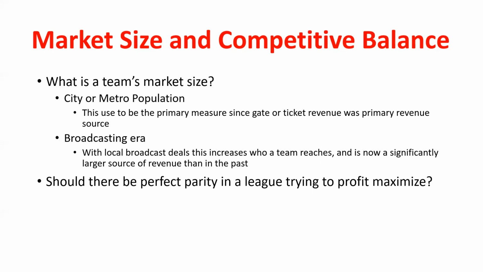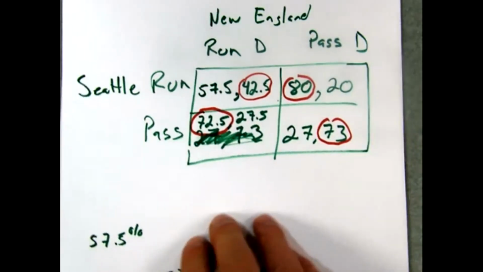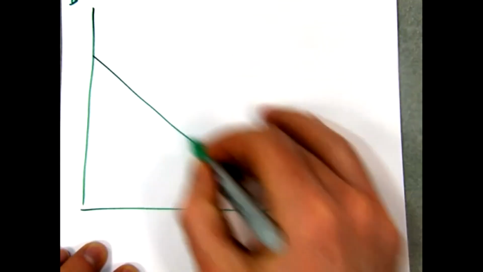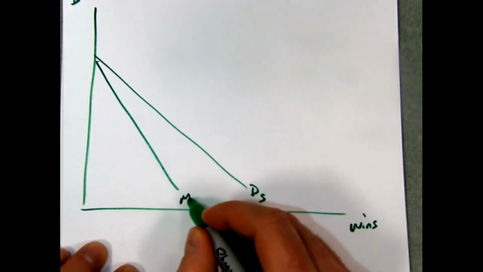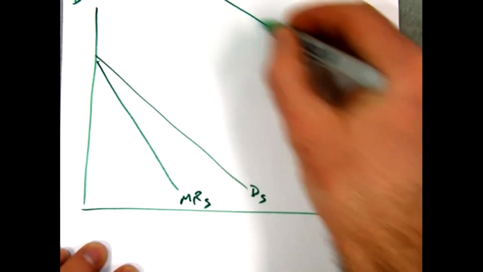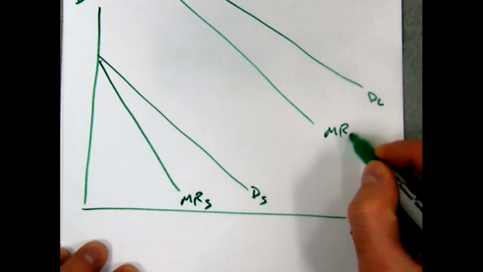Well, the marginal revenue associated with a win, we just think about it, right? We've looked at these before. Let's say I've got my wins, and I know that here's my demand and marginal revenue for my small market team. Here's demand and marginal revenue for my large market team.